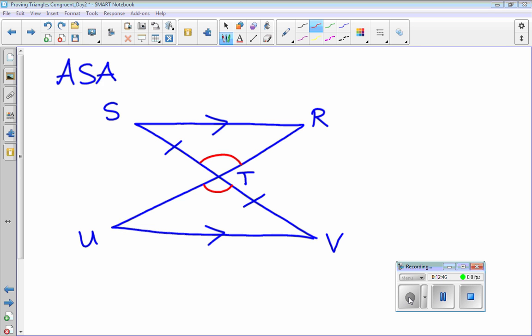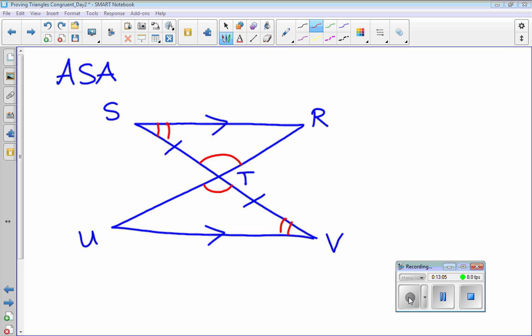Hang on. We know it has to be angle, side, angle. So I know that the side has to be the included side. So I know, based on my picture, that I have to say those two angles are congruent. How do I know that? They're not vertical.